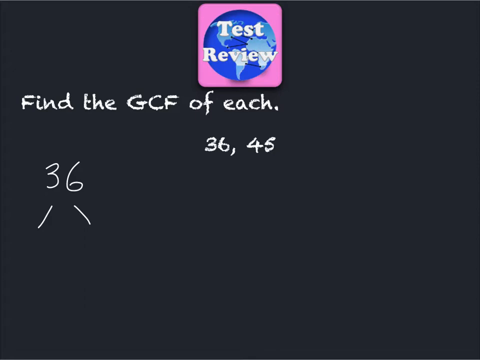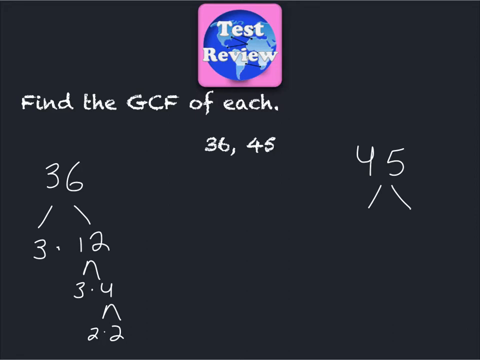So we break 36 up. We could break that into 2, 3 times 12. And then 3 is already a prime, but 12 we could go ahead and break up into 3 times 4, and 4 would just simply be 2 times 2. And then we do the same with 45. You have to use factor trees when you are doing this on your test.